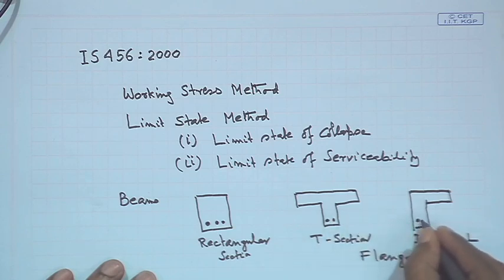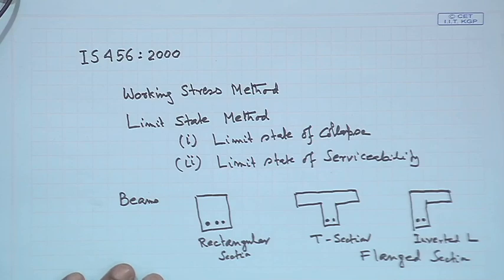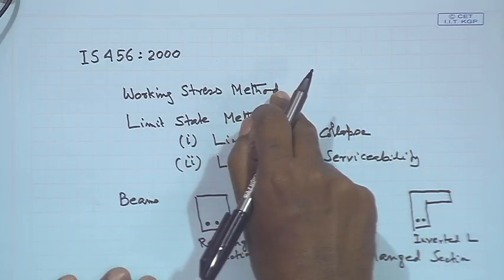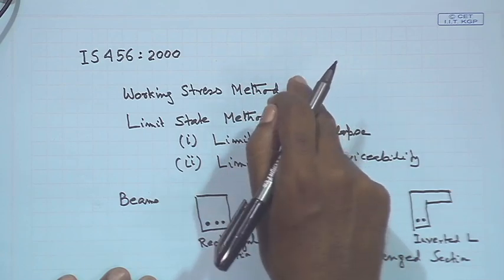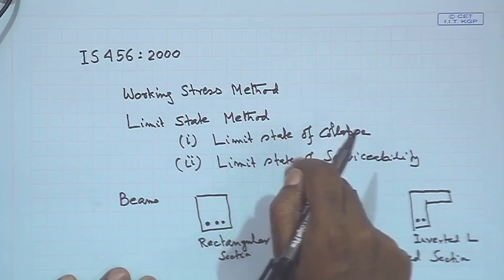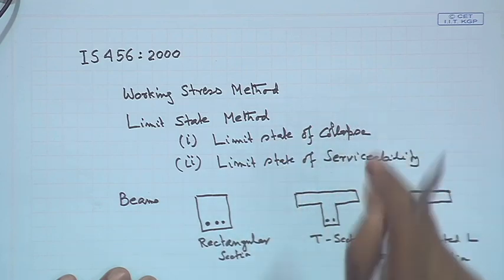So what is the basic difference? The working stress method gives a limit to the stress. The limit state method gives a limit to the strain.